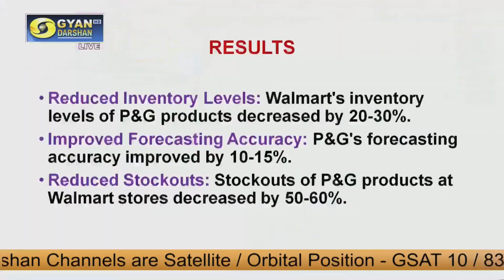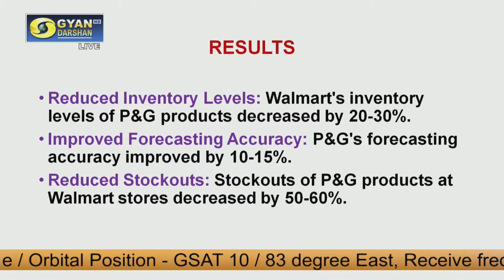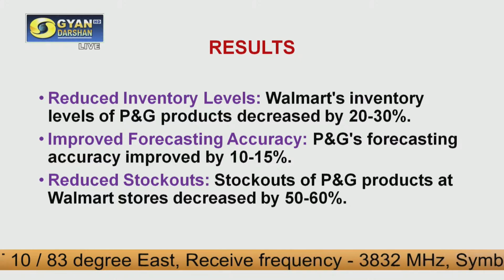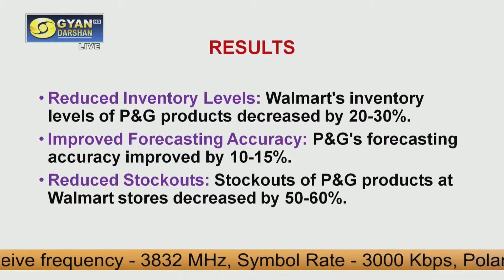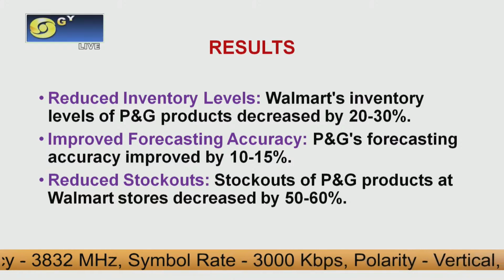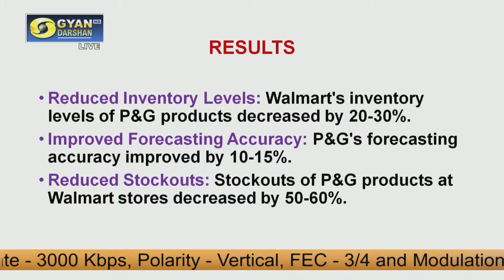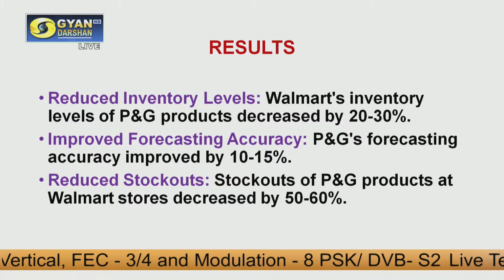What was the result? With the help of VMI, or vendor managed inventory, both got the benefits. Procter and Gamble and Walmart both experienced a reduction in the inventory level by 20 to 30%.